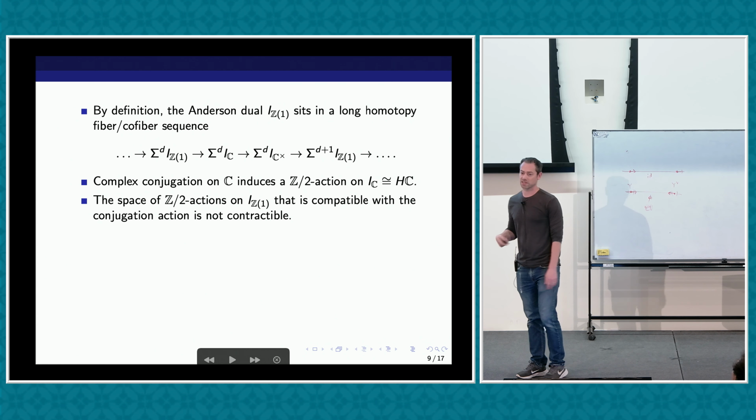Basically, two things need to be done. First, we need to enhance this HD structure that Freed and Hopkins have to some kind of a differential HD structure. So now I want to include connections on the bundles. And also I want this sort of geometric refinement of the Anderson dual here. And once we've done this, the next step is to compute the deformation classes.